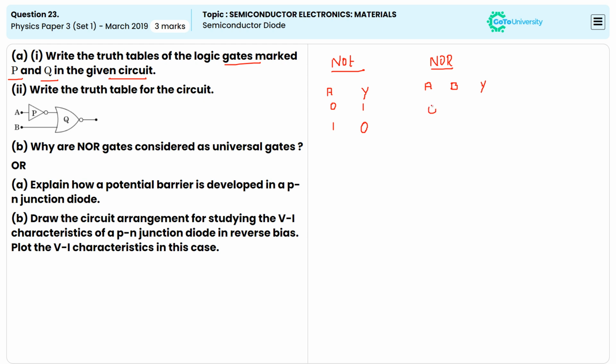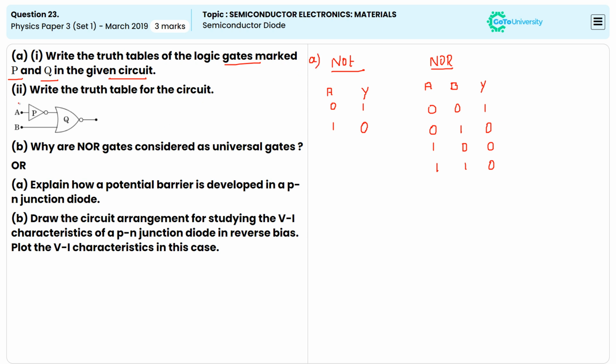That means with 0, 0 the output is 1, because no one is high here. If 0, 1, it becomes 0. If 1, 0, it becomes 0. If 1, 1, then it becomes 0. This is the condition of the NOR gate, and this is the solution for the first case, that is A.